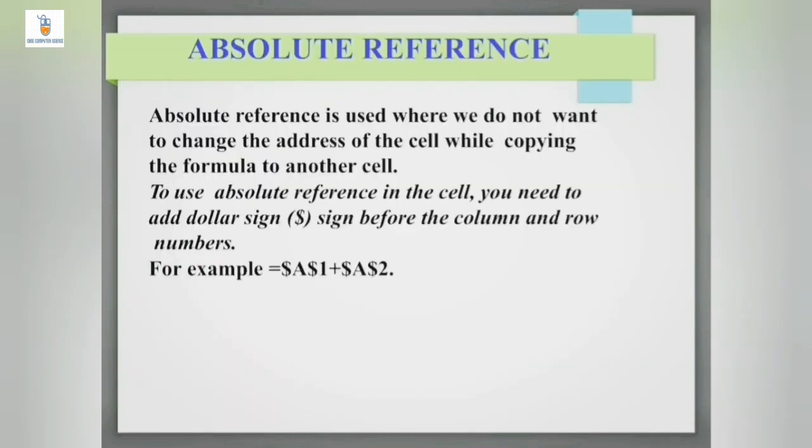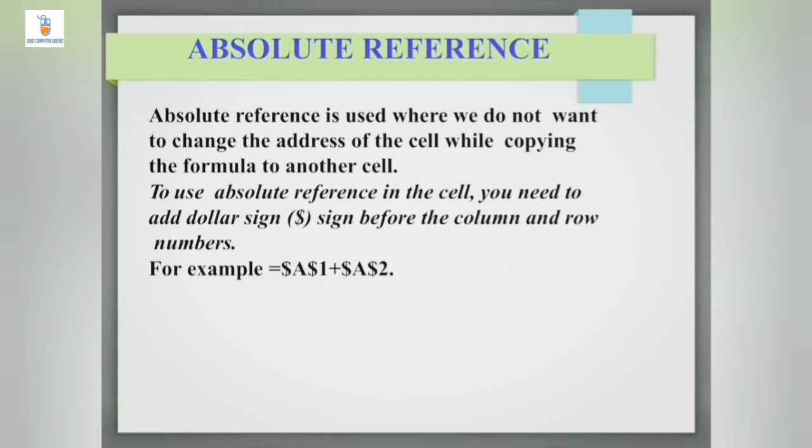Second type of referencing is absolute referencing. In case of relative referencing, the reference gets changed with the copy of formula, but it is the reverse case in absolute reference. Here we make the formula reference fixed by adding a $ sign prefixed to the name of the column and the number of the row. So absolute reference is used where we do not want to change the address of the cell while copying the formula to another cell.